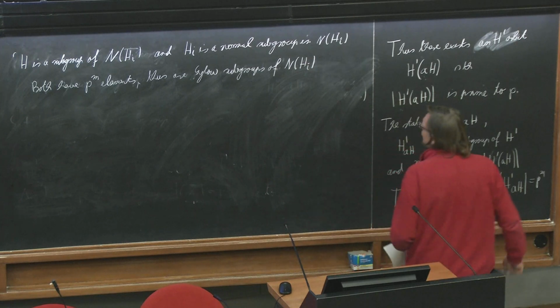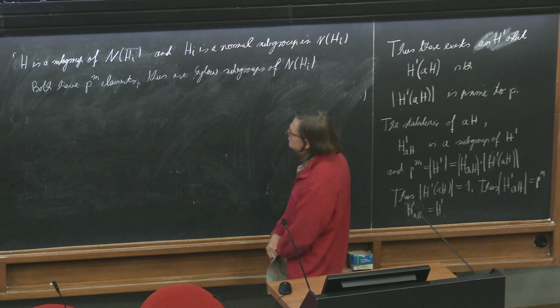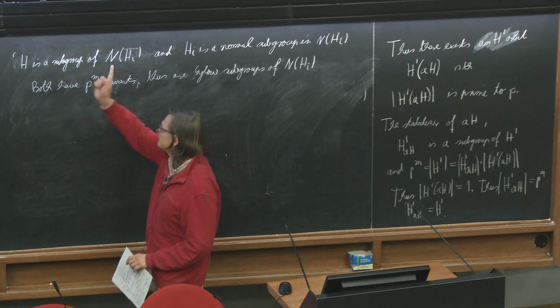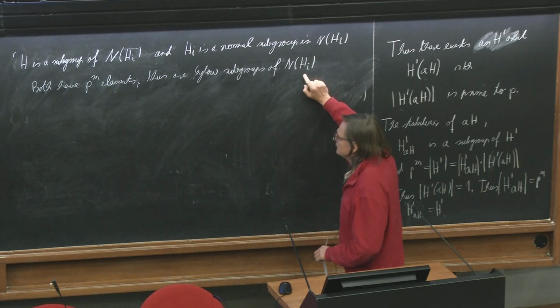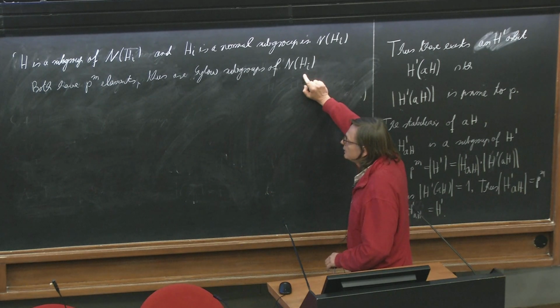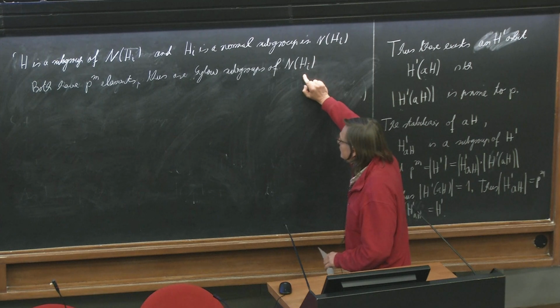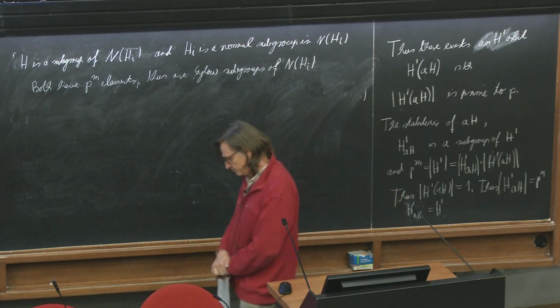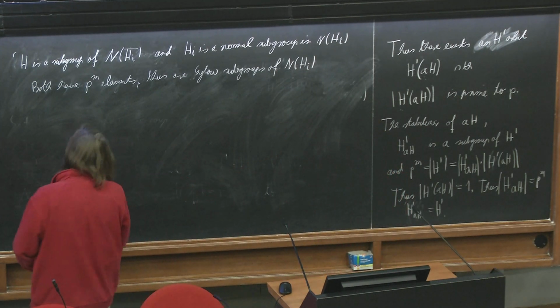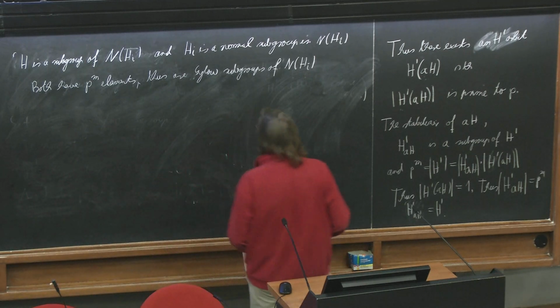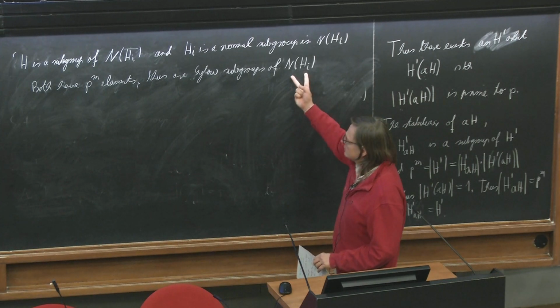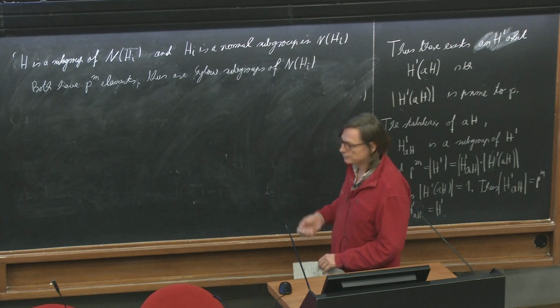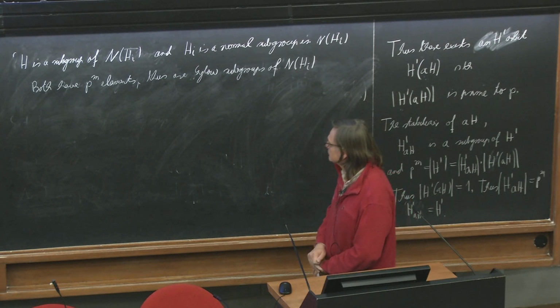But now we have two Sylow subgroups, H and H_i, of this N of H_i. We know that one of them is normal. We know that all p-Sylow subgroups must be conjugated. If one of them is normal, then both of them must be equal, because if I conjugate this one, it goes to itself.